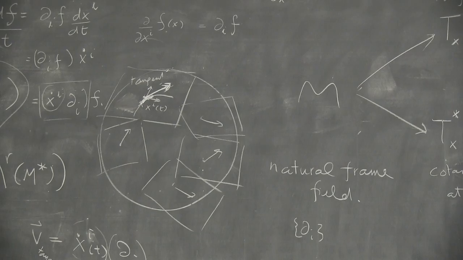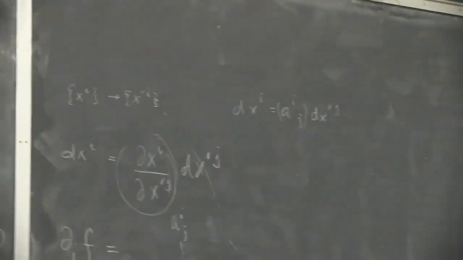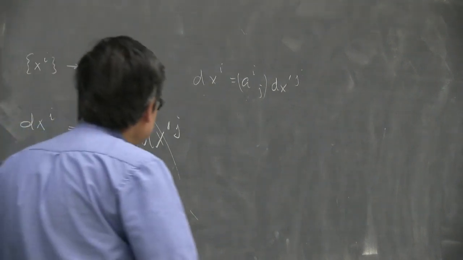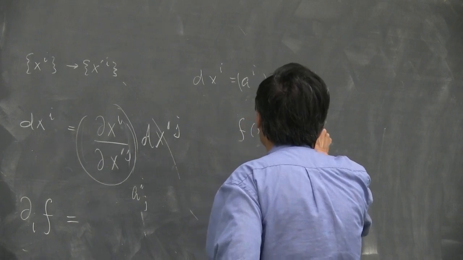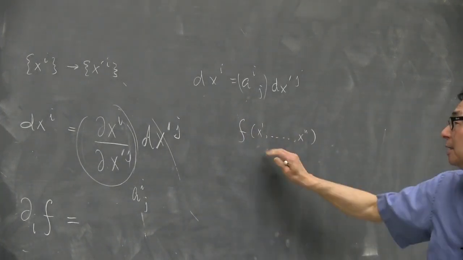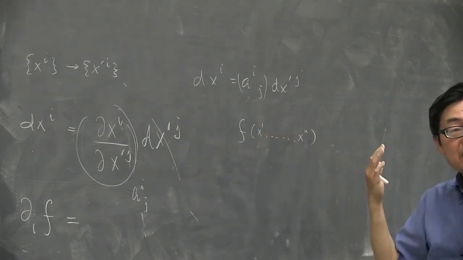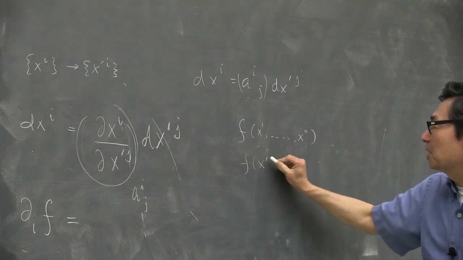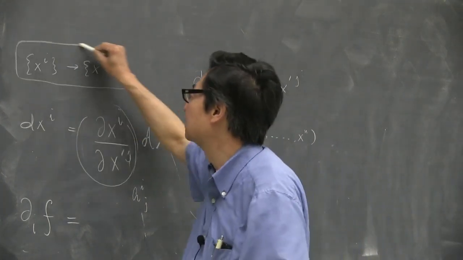So let's calculate this derivative, but I'm going to calculate it through the chain rule. Now the function f is originally given as a function of the xi's, but now I imagine each of the xi's to be a function of all the x prime i's, so that implicitly f is a function of all the x primes also, once I'm given this transformation in here.